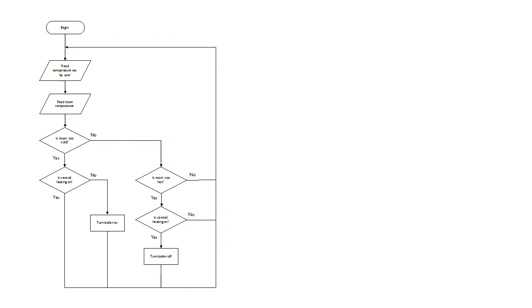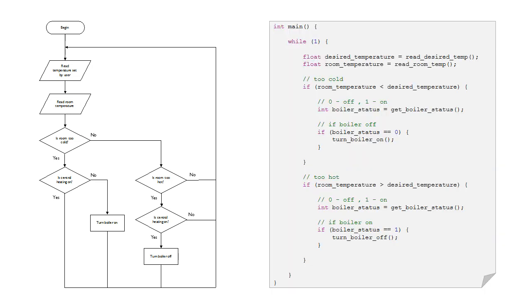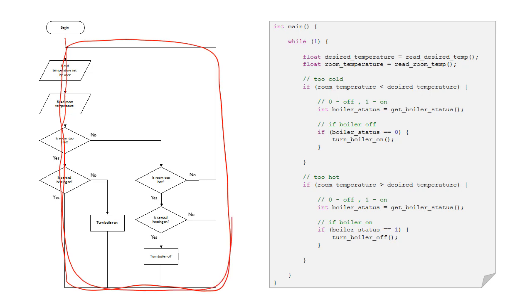So if you go through this flowchart, you'll see some example behaviour of a thermostat. So now you can start to translate this into C or C++ code. Right away, when you look at this, we can see that we've got this loop that just keeps going back. So there's no end to this. We've got a begin block but no end block.